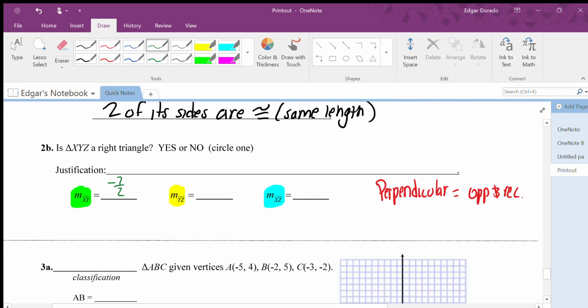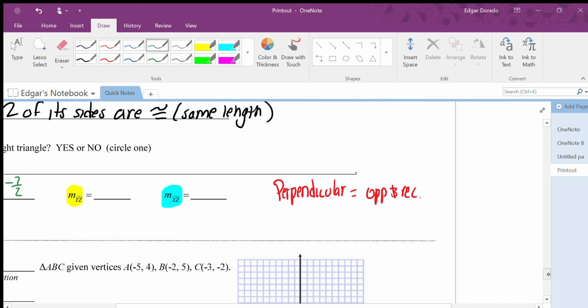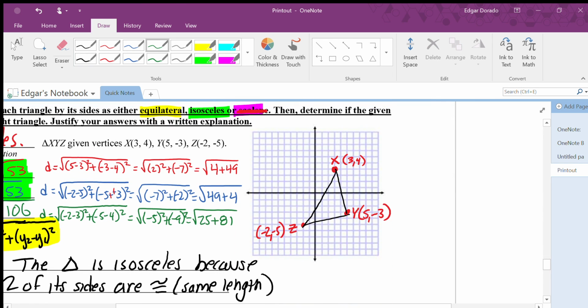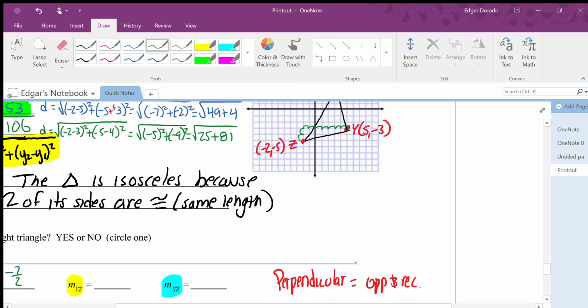So down 7, right 2. Next one is YZ. From Y to Z, or rather I'm actually gonna go from Z to Y. So up 1, 2, and to the right 1, 2, 3, 4, 5, 6, 7. So my slope here is 2 over 7.